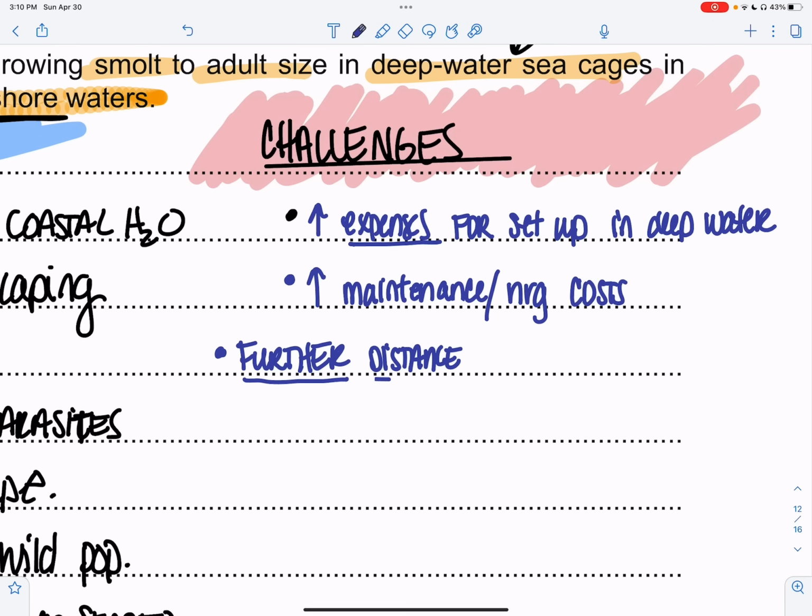It's the distance, actually, the thing being talked about, the distance to monitor or check on cages, or carry out maintenance if something's damaged.